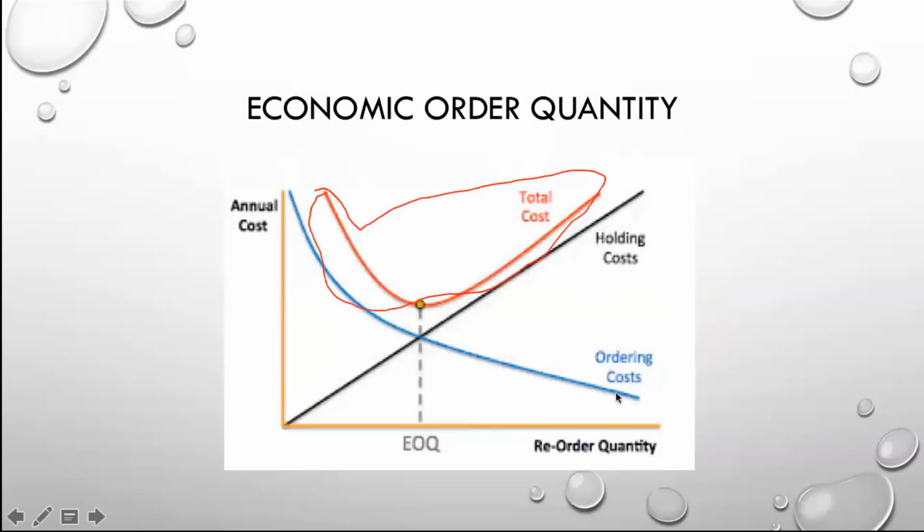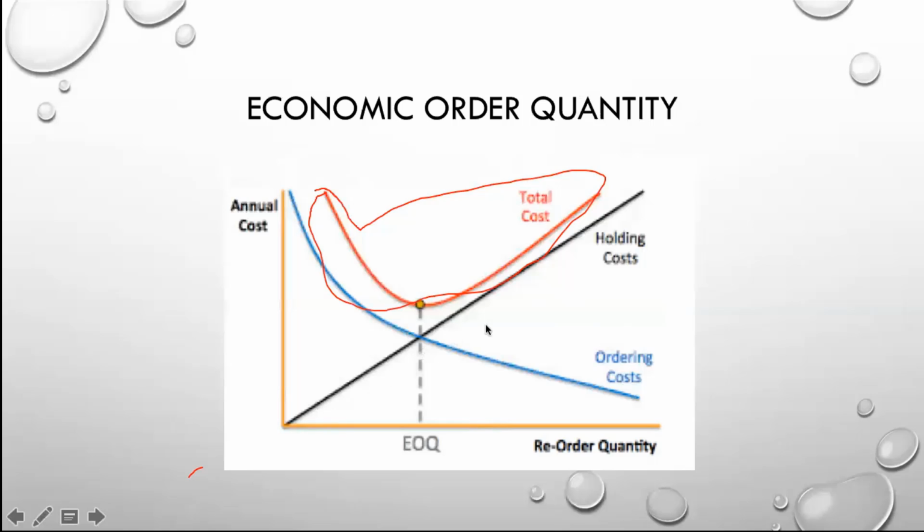This is because your ordering costs are averaged out over more goods the more you order, the larger the reorder quantity. Then the holding costs obviously start at 0 for no goods, and go all the way up, because the more things you have, the more it costs to hold them.